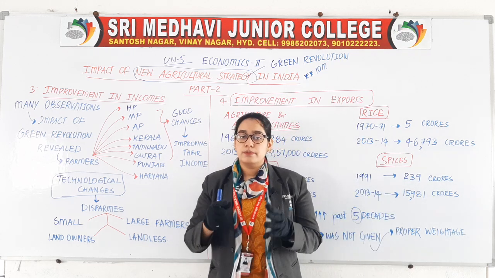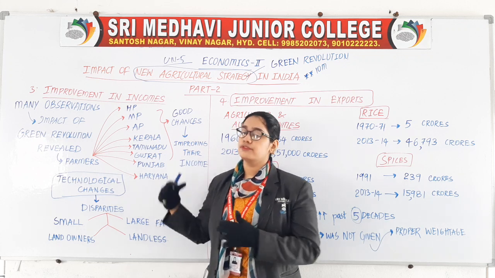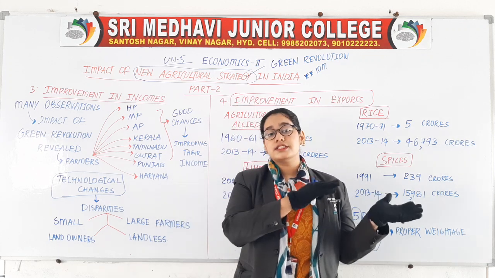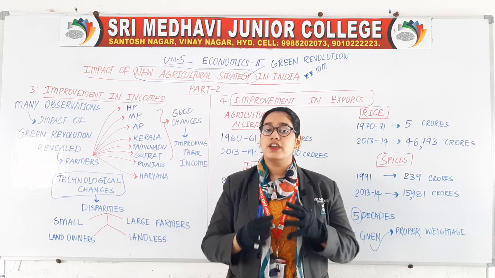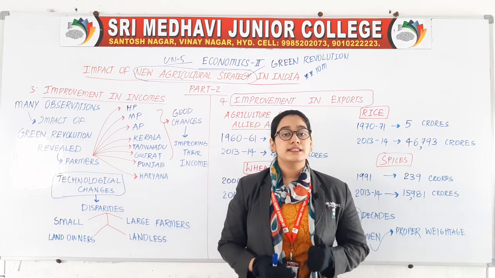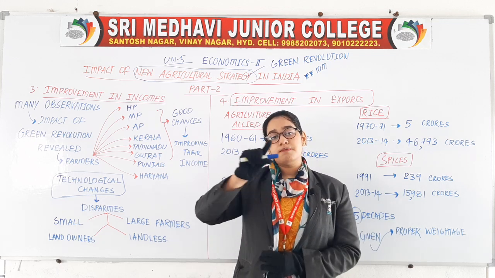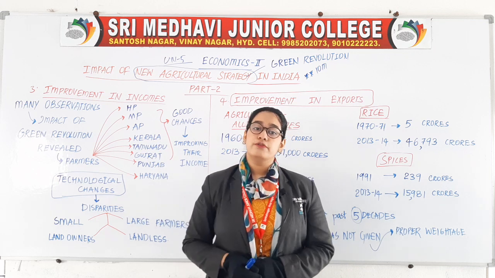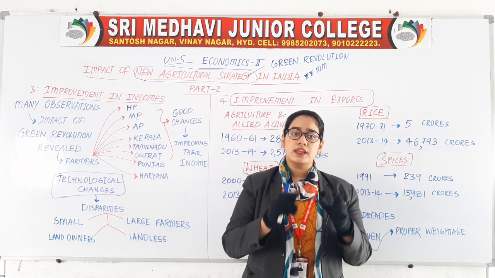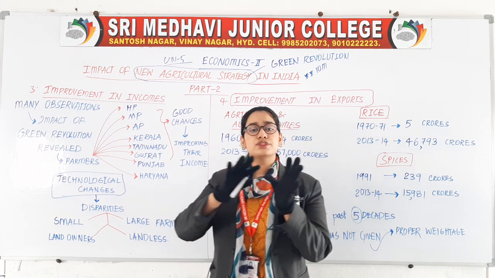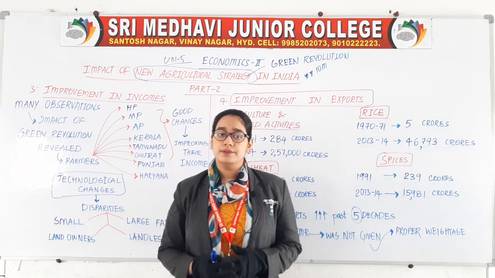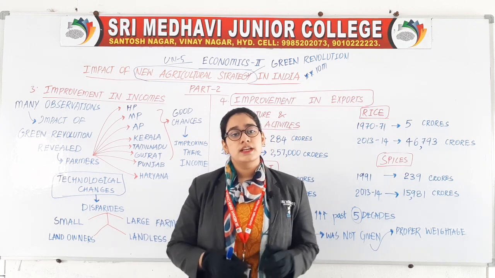session. So before starting the third and fourth point, let us just recall what we have learnt in the last class. So what was the meaning and definition of Green Revolution? And new strategy in agriculture. What is Green Revolution?